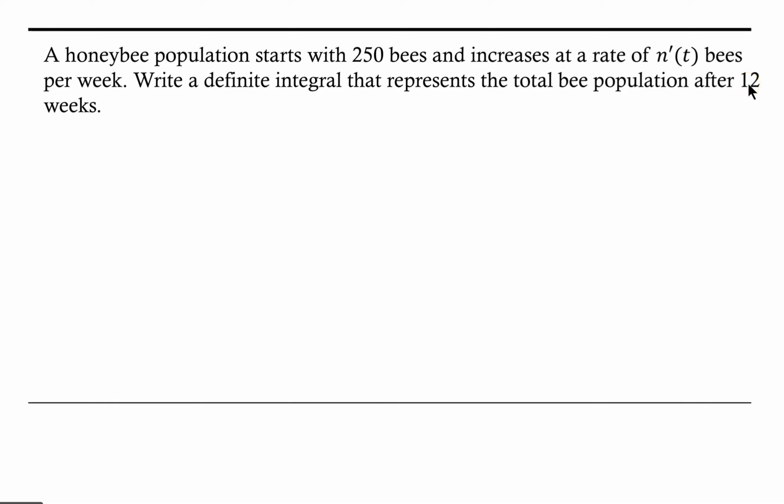So we're going to start measuring at some time, and we'll call that time t equals 0. That's when we'll start measuring. And we're going to be measuring again after 12 weeks. And we know that the bee population is growing at a rate of n prime of t dt.